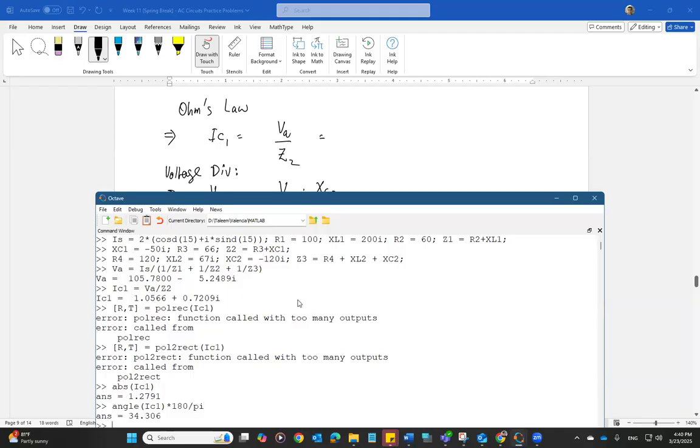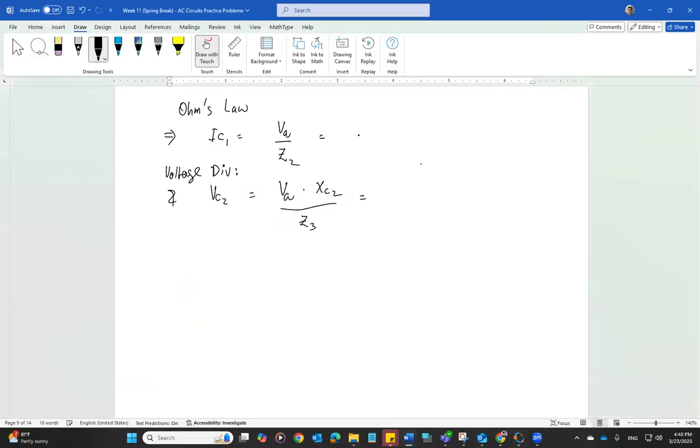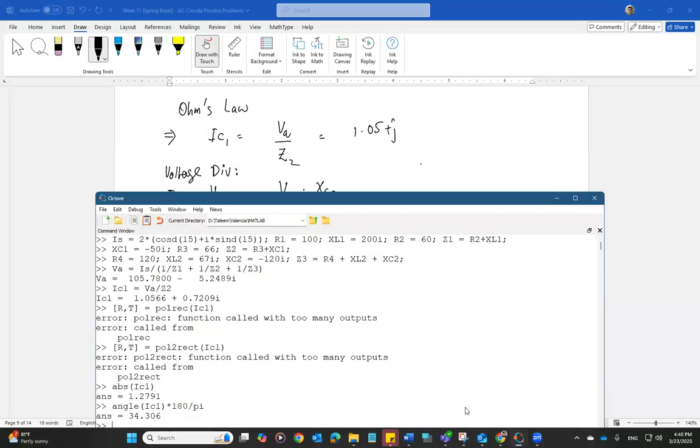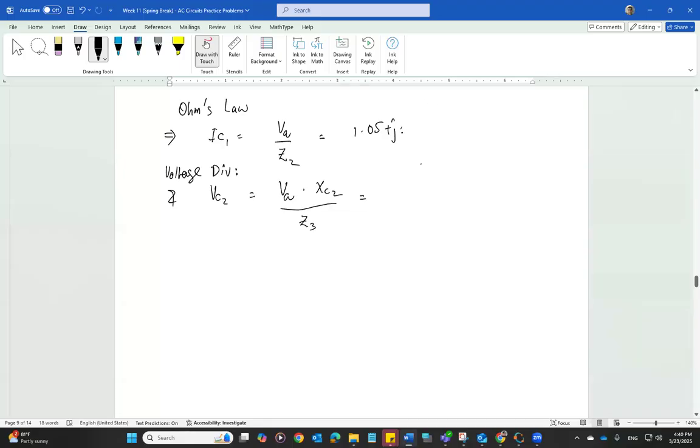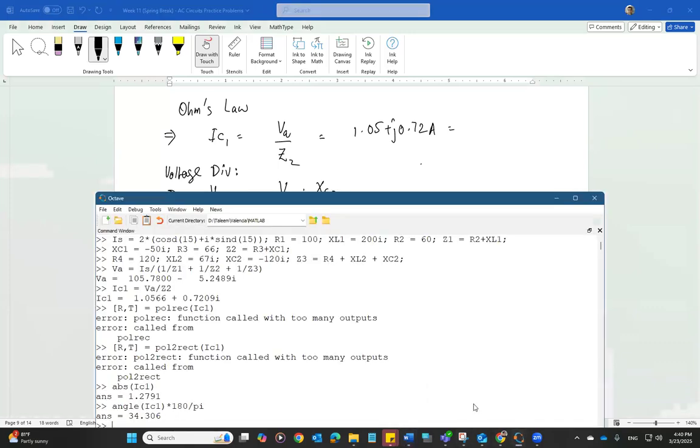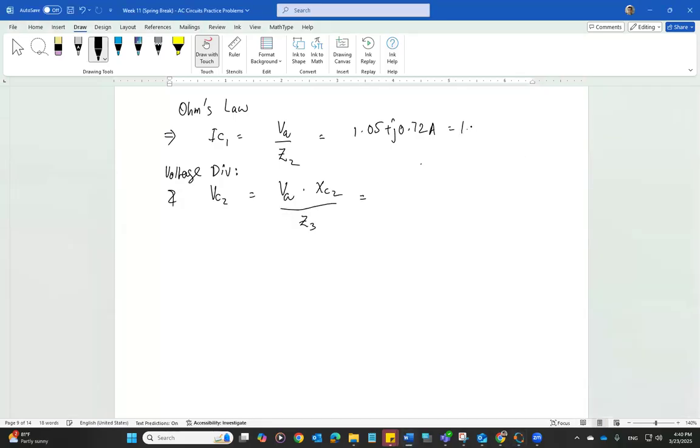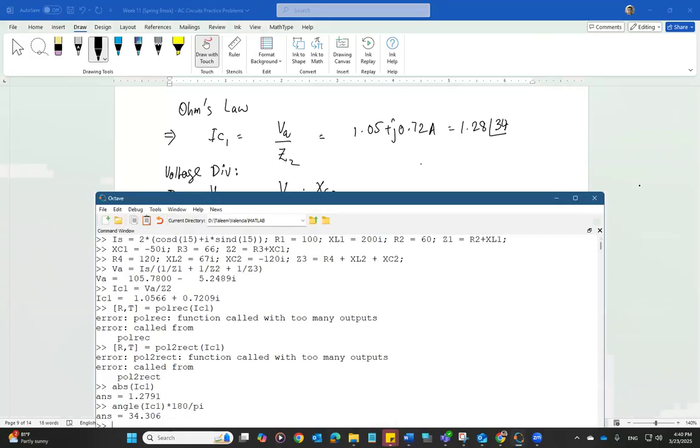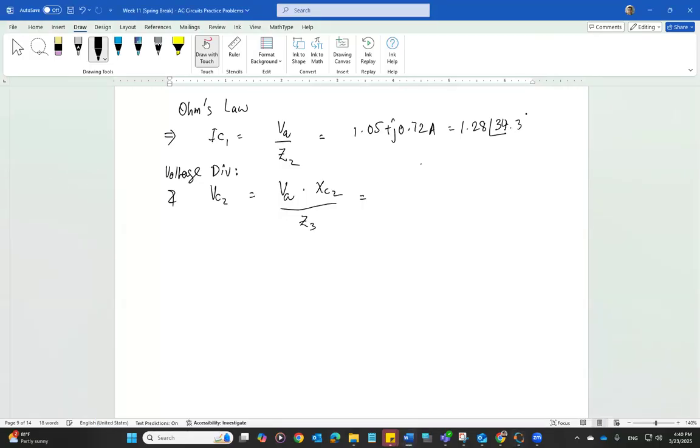So that's 1.05 plus j0.72 ampere, which is equal to, in polar form, 1.28 angle 34.3 degrees.